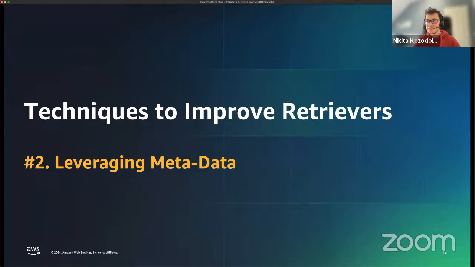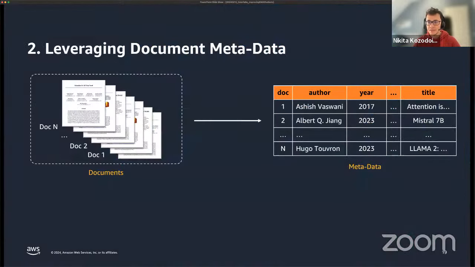The second technique is leveraging the metadata. When I'm talking about metadata, I'm talking about document metadata. Let's say, in our case, we have N different papers on machine learning and NLP. Apart from the actual document texts, we may also have some metadata describing those documents.